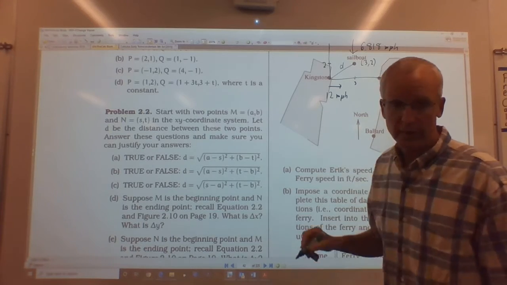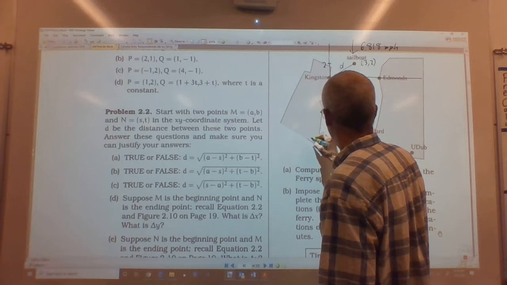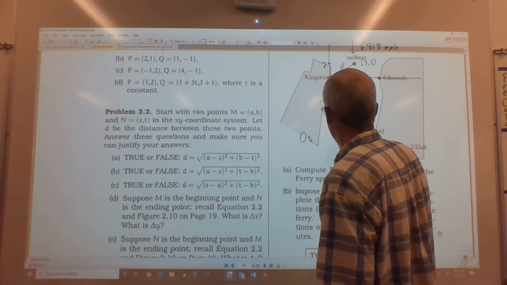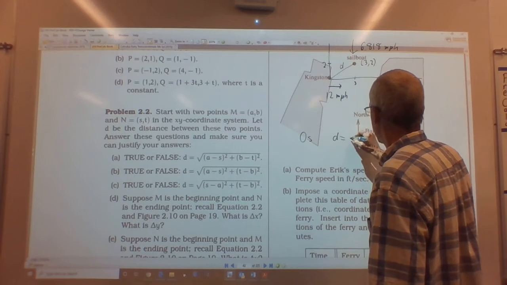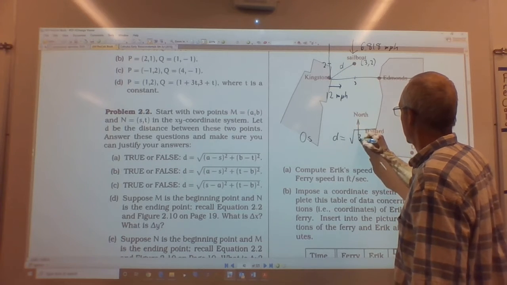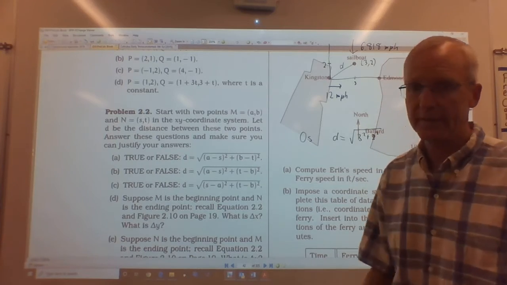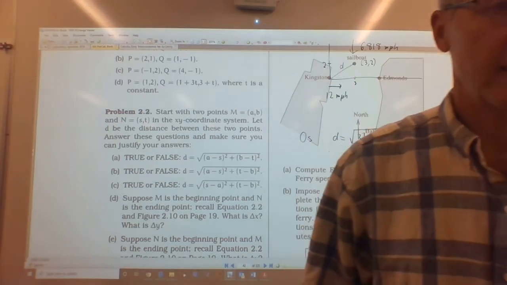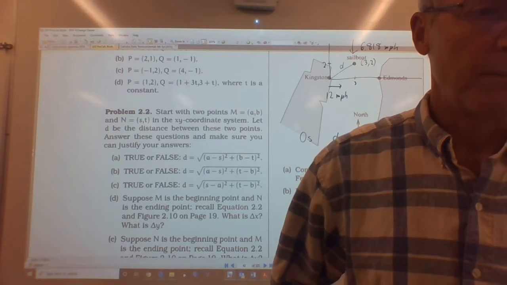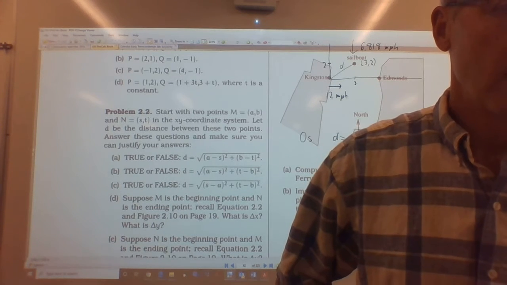So if you fill out the table in the beginning, at 0 seconds, and I hope I don't mess this up, the distance between them is the square root of 3 squared plus 2 squared. Doesn't matter what the time is because time is 0. So it's a nice simple answer there. And again, you can fill out the other ones on your own.